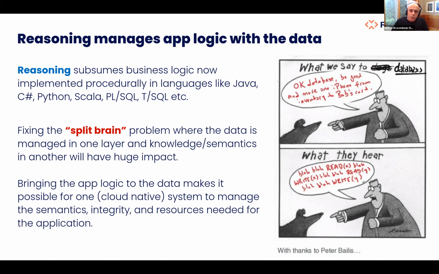Part of the application is in SQL, part is on the client, and what the application is trying to do is not coherent at any point, so we cannot optimize across those layers. We think it's about time we start expressing these things in the database itself, which makes it possible for the system to manage the entire integrity of the application.